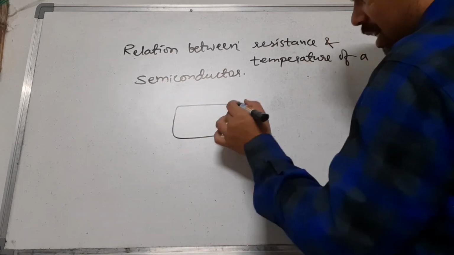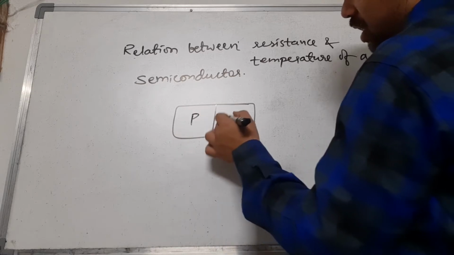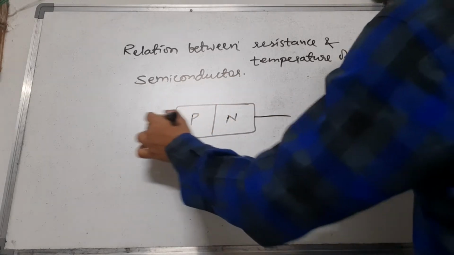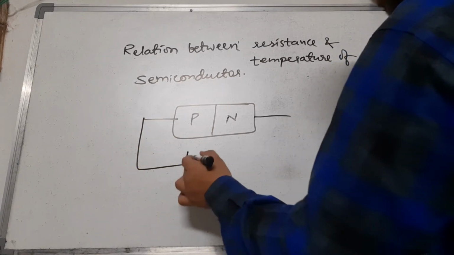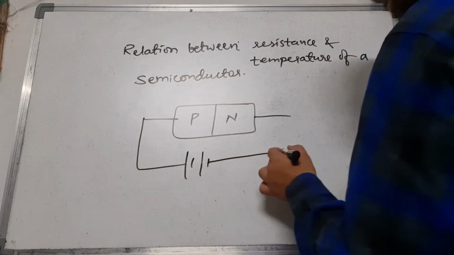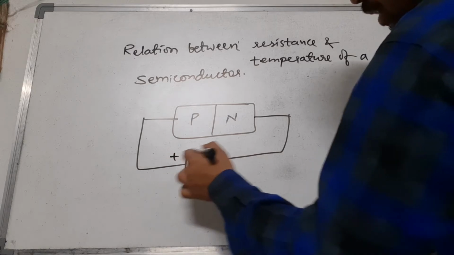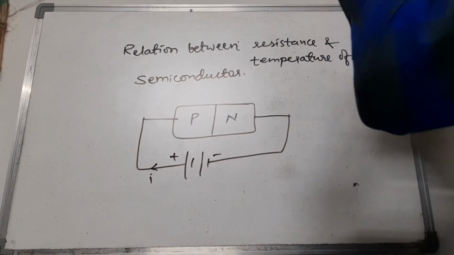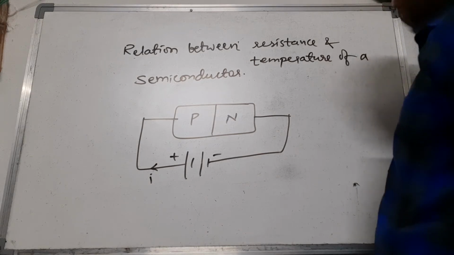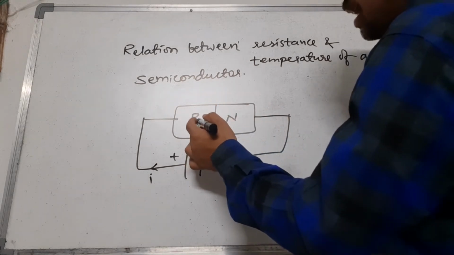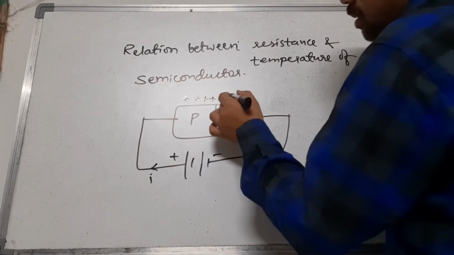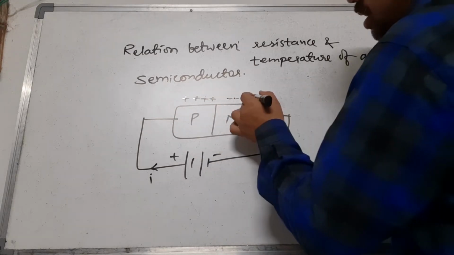See, the semiconductor I am taking is a PN junction diode. Whenever it is connected to a battery, the current will flow through it, right? In a p-type semiconductor you will have more positive charges. In n-type semiconductor you will have more negative charges.